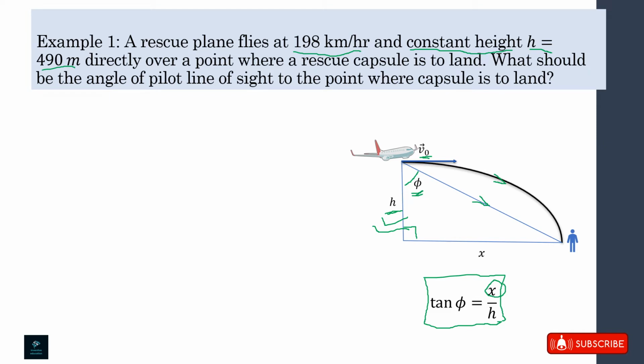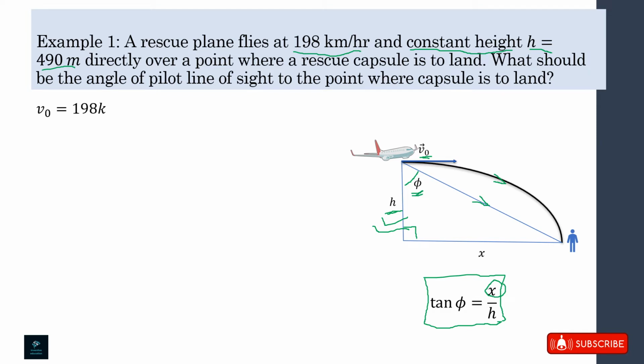So in the first step, we will find the time required by the rescue capsule to land from the vertical equation of motion, and then we will find the value of x from the horizontal equation of motion. So now we will start solving the problem.